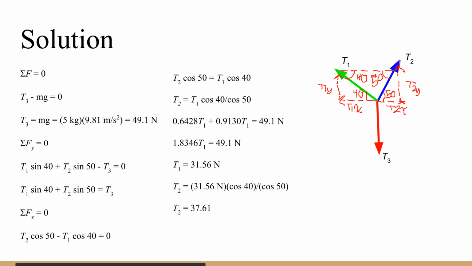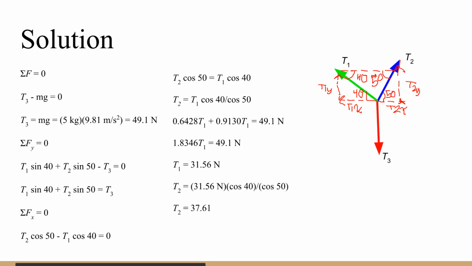Both T1 and T2 are unknown, so we have to rely on our x direction. So we have T2 cosine of 50 minus T1 cosine of 40 equals 0.